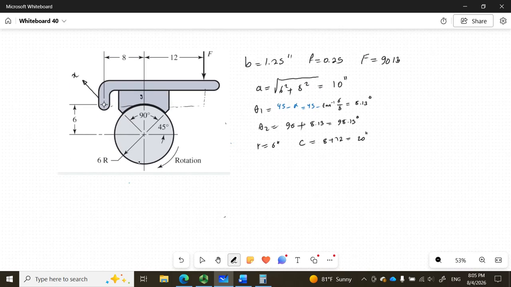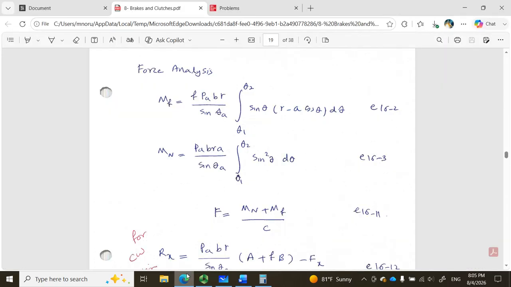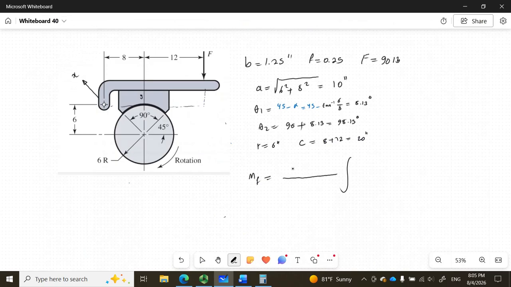Alright, so MF equals the integration of f PA b r.